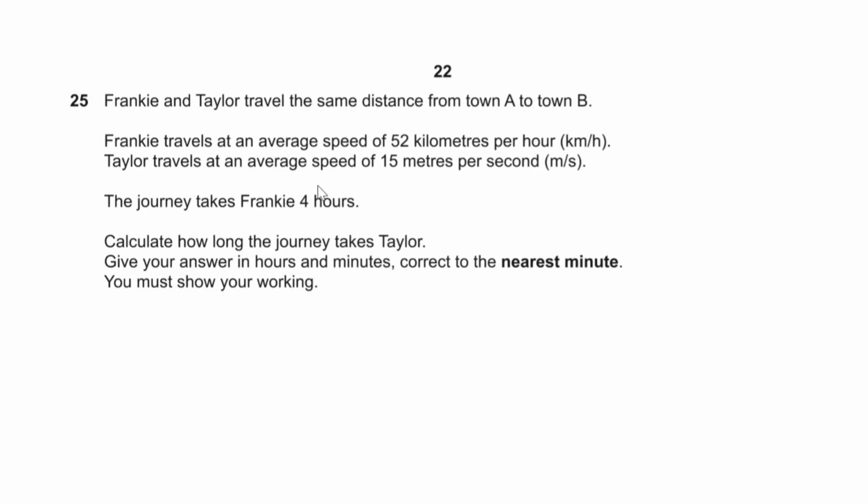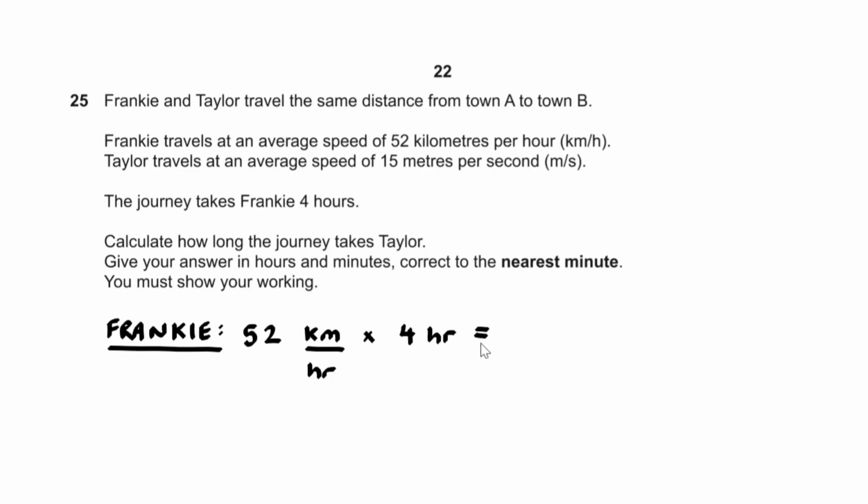Well, first of all, we've been given the time for Frankie, and we've also been given the speed for Frankie. So if we take a look at Frankie, we've got 52 kilometers per hour multiplied by 4 hours. 52 times by 4 is 208.